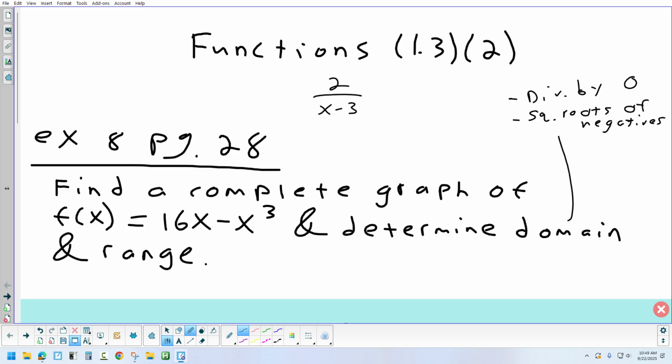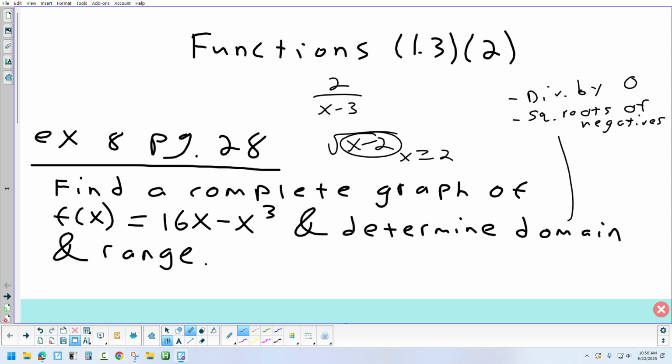So if you had something like this, you have to make sure that whatever you fill in for x causes what I just circled to be 0 or higher. Okay, it has to be 0 or higher. So in this case, as long as you give me a number that's 2 and higher, we'll be okay.